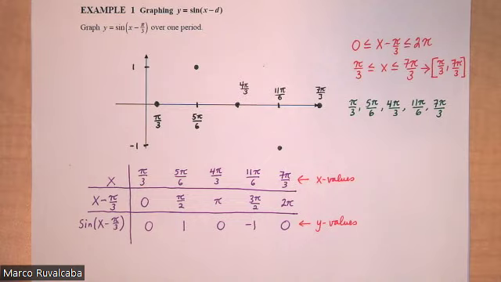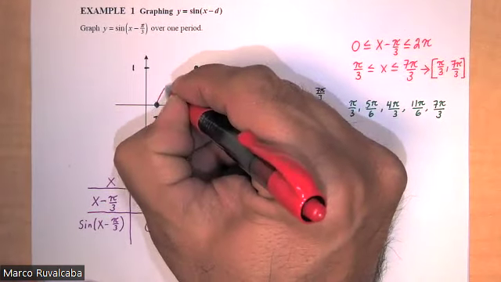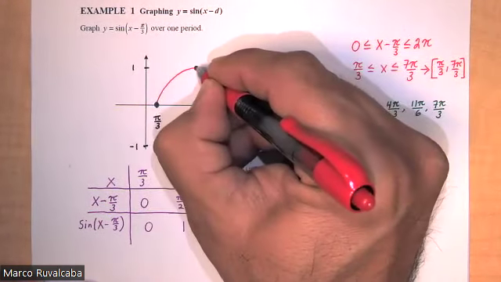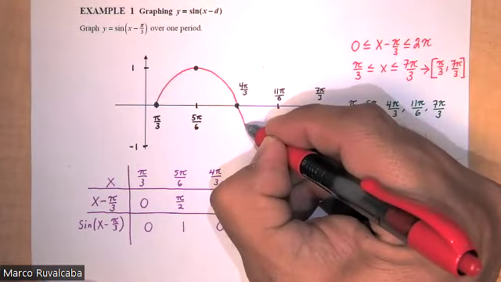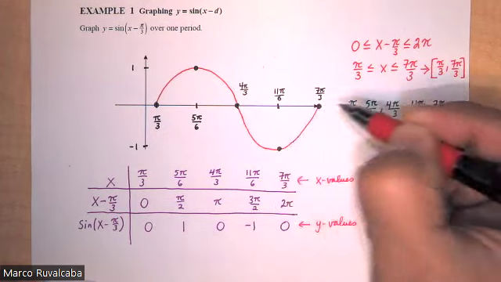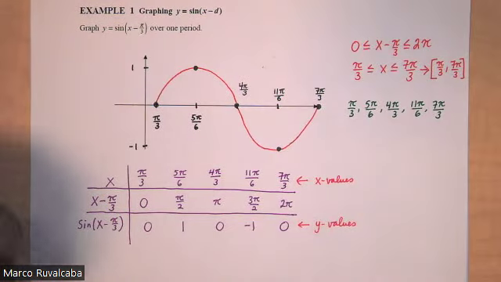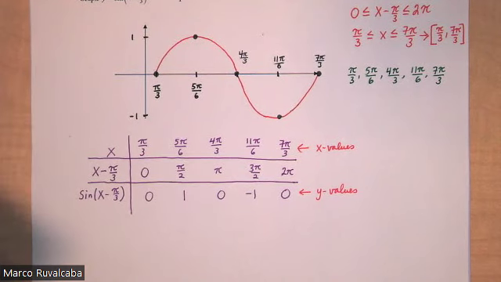And if I make my sinusoidal smooth curve on there, I can see what the graph's going to look like. And I'm doing my best to stay as smooth as I can. I don't have as steady hands as I used to, but I hope it gives you a representation of what the graph looks like.